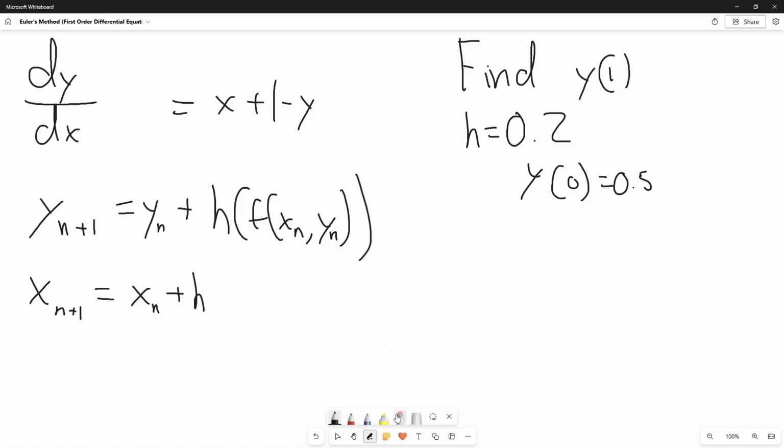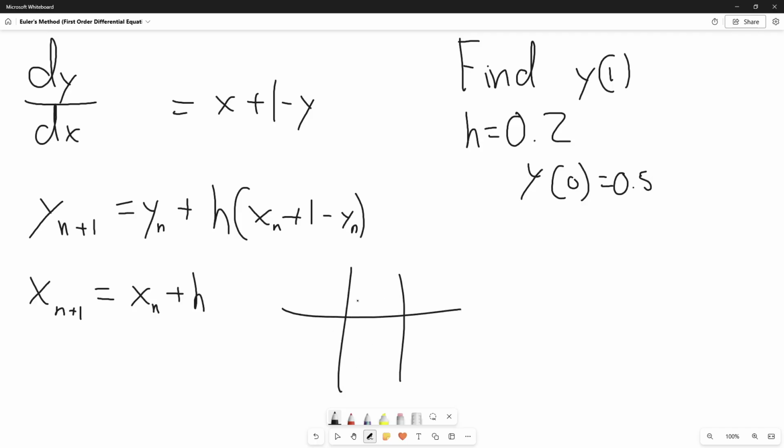So let's replace f of x comma y with our derivative. So x plus 1 minus y, like that. And now, if you don't have a calculator, you would need to do something like this. Step n, and then x of n, y of n.